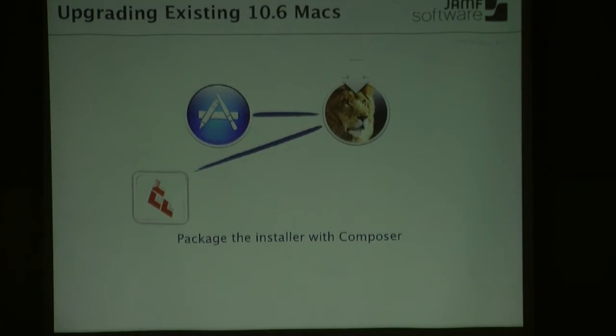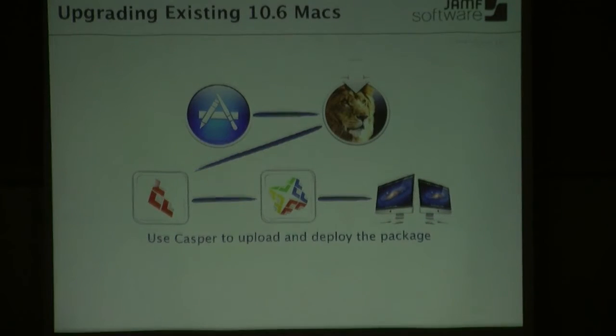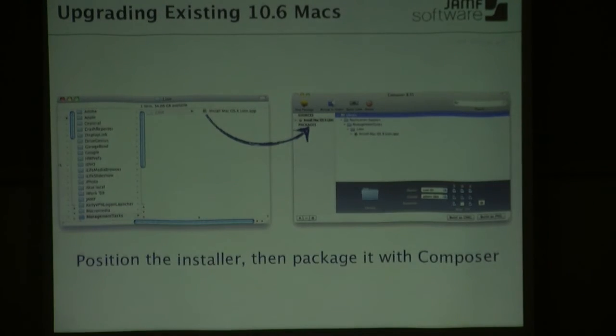Now, we want to repackage the Lion installer with the Composer application. It actually comes in the install.esd DMG format. We want to go in there, take that app file out, and move it into a location that we can run it from. So a couple of different options for that location. Some people might use user shared. Some people might use a different framework file that we have called management tasks.